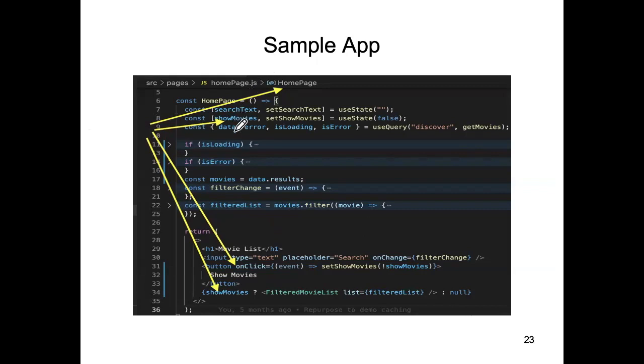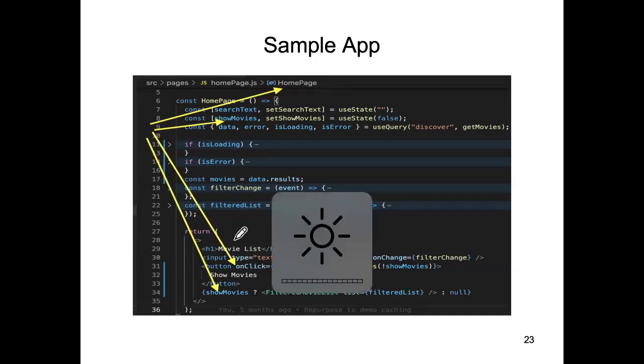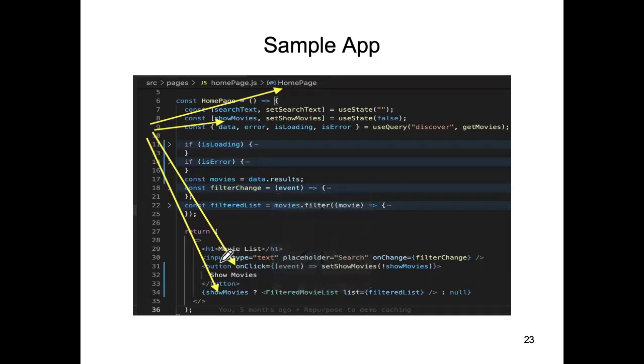And so what am I showing you? Well, this is just React stuff, which shouldn't be of any great surprise to you. What I'm showing you here is I've got a state variable, and this state variable controls whether the list of movies is displayed on the home page or not.